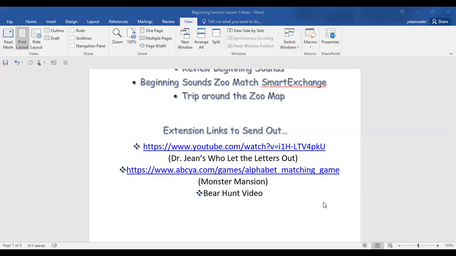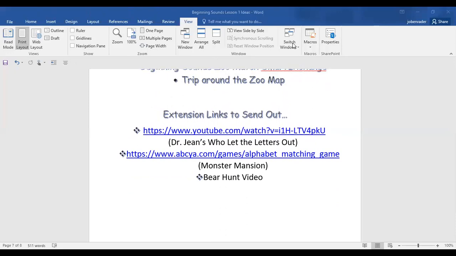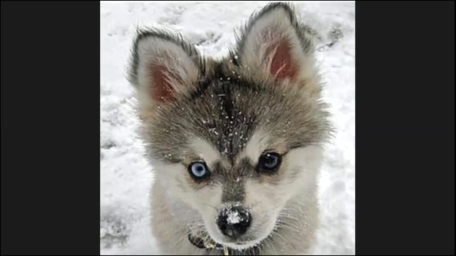Also, the ABC game of Monster Mansion, where you can match the letter with a picture that has that same beginning sound as that letter is. And finally, since we went around the zoo, I'm going to send out to you the bear hunt video. So I would like you to learn some more about the beginning letter sounds.